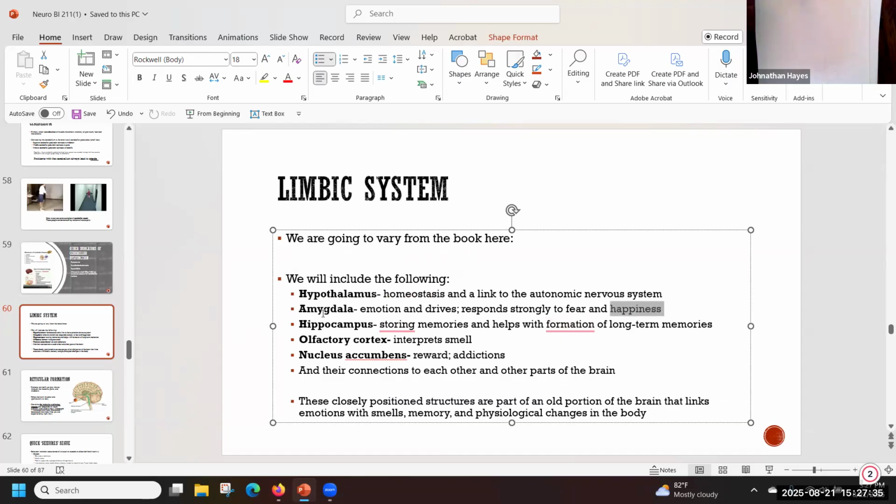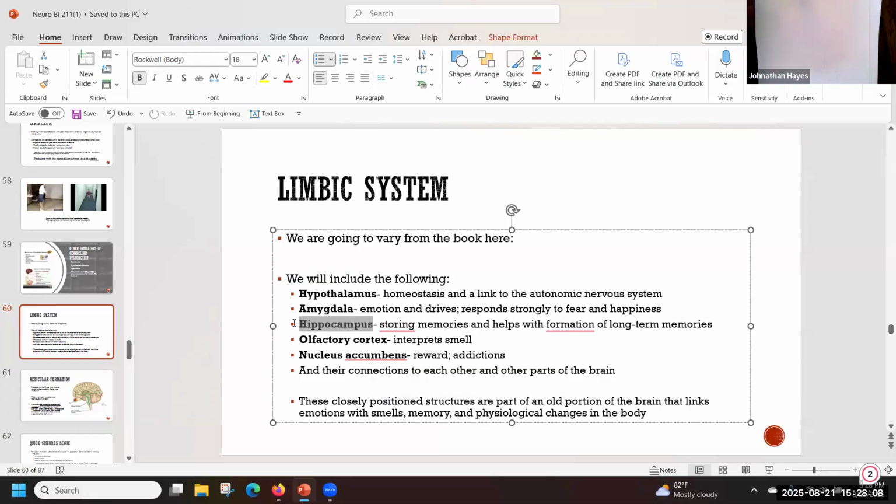But usually with the amygdala, think about this as being, I don't want to do this because this is going to hurt, or I don't want to do this because this is unpleasant. That's different than nucleus accumbens, which says, I do want to do this because it's good, it's pleasant, it's nice, right? So you kind of have, again, like the angel and the devil on your shoulder, if you will. That's kind of like these two things, like, ooh, I want to do this, but maybe I don't, because if I do, I'll get punished, right? So there's kind of like a dichotomy there going on.